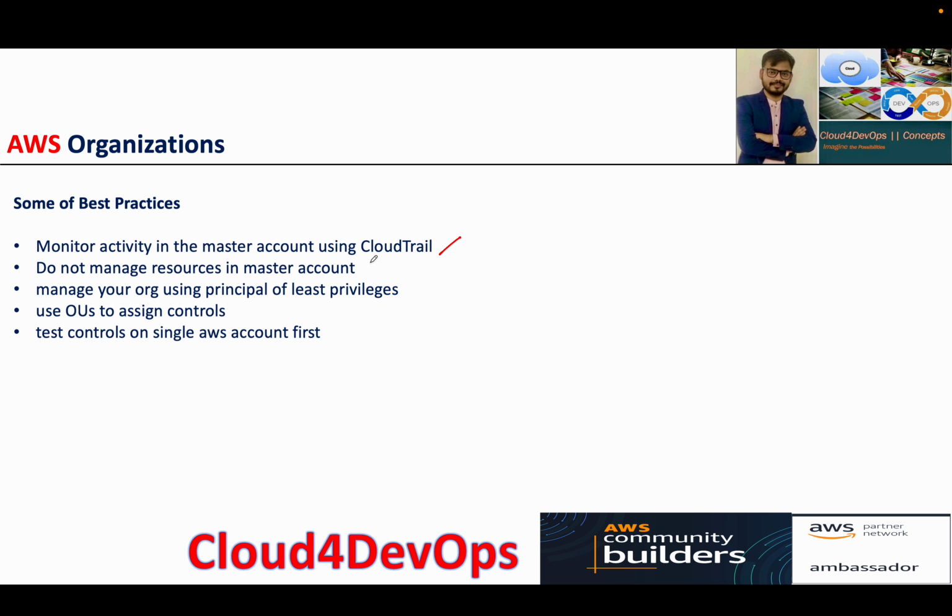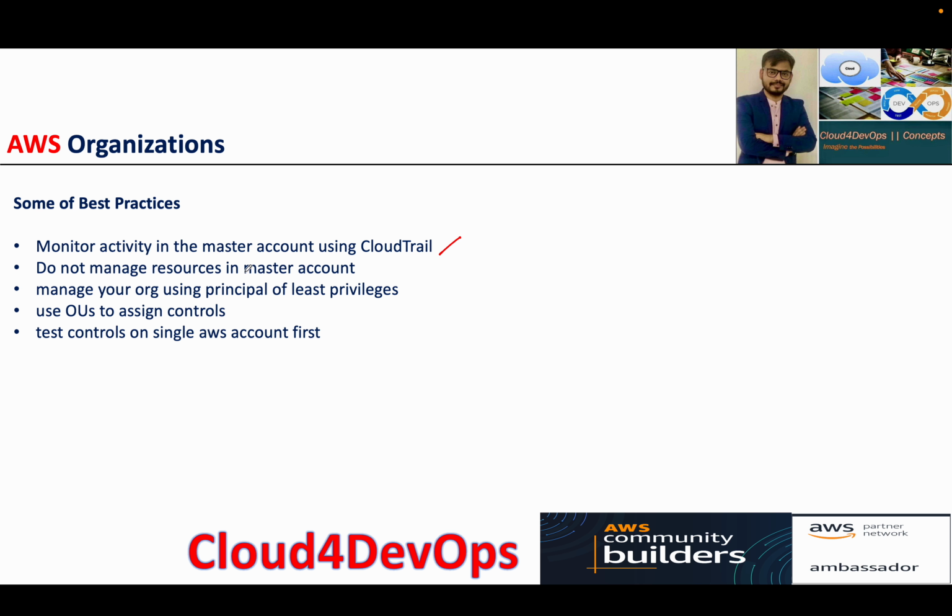One of the best practices of implementing CloudTrail: do not store the CloudTrail logs local to the account. For example, the second account which I invited to AWS Organization. You have to enable CloudTrail, but don't store everything locally in that account. Store it on your root account or any other account, so that if something happens to your child account, at least you will have the logs to judge what is happening with that secondary account.